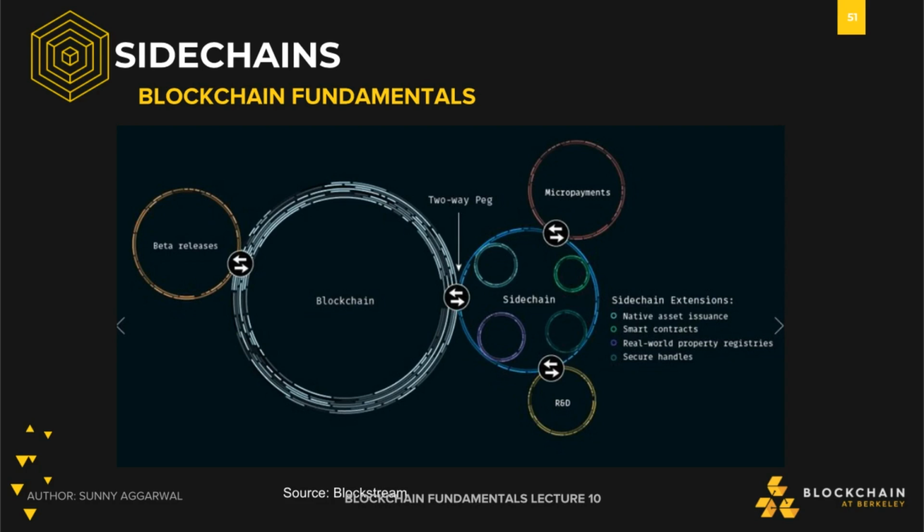And this is an image of the Internet of blockchains, or sidechains. So you have the main blockchain right here. Then you have a sidechain that does micropayments right there, one for beta releases. And the communication between each sidechain is through a two-way peg.